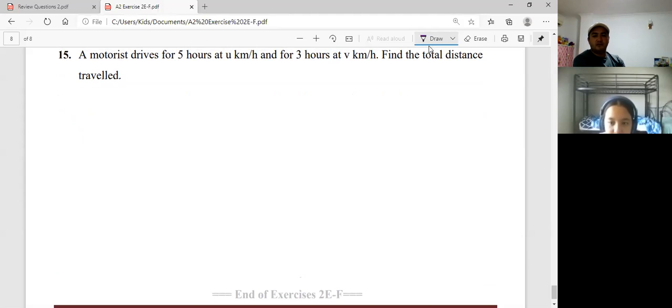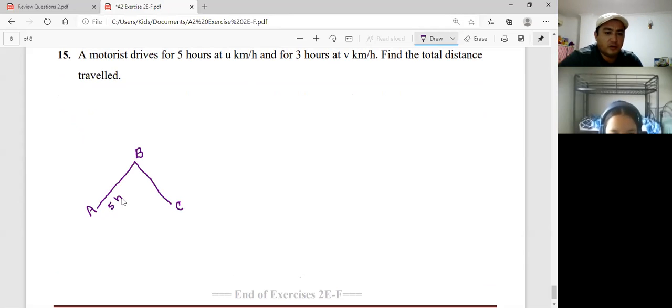Okay, let's draw here. You travel to 2 different destinations, right? From A to B, B to C. A to B is 5 hours. Let's say T1 equals 5 hours, at u kilometers per hour. That is speed, right?